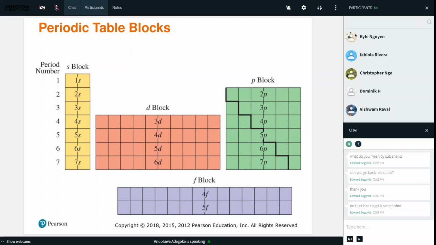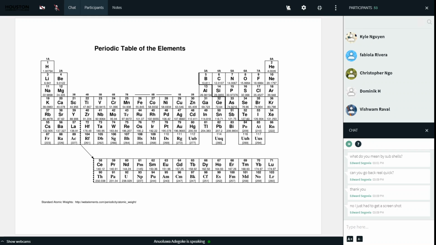Once you have your periodic table, you can write your electronic configuration. You don't need to memorize anything at all, because the periodic table is designed to represent blocks.